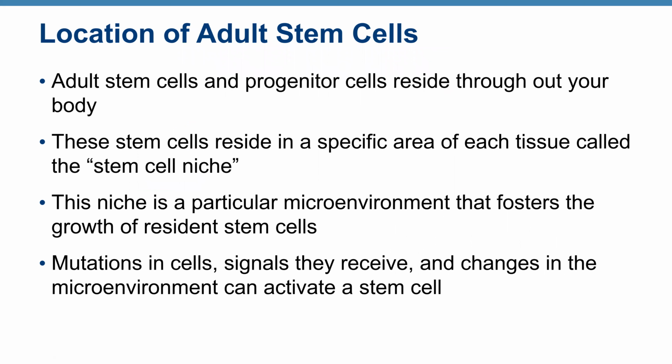Adult stem cells and progenitor cells reside throughout your body. These stem cells reside in a specific area of each tissue called the stem cell niche. This niche is a particular microenvironment that fosters the growth of resident stem cells. Mutations in cells, signals they receive, and changes in the microenvironment can activate a stem cell.